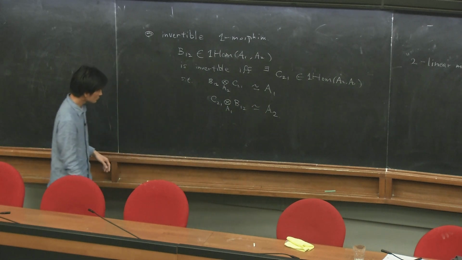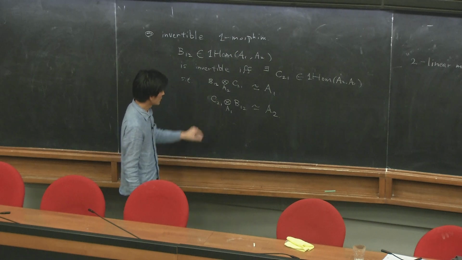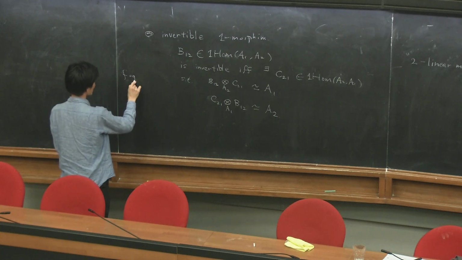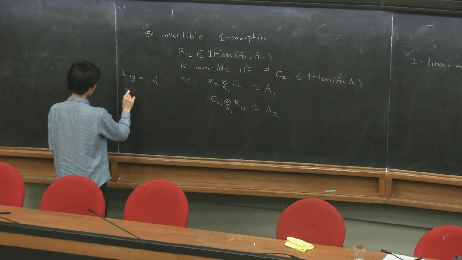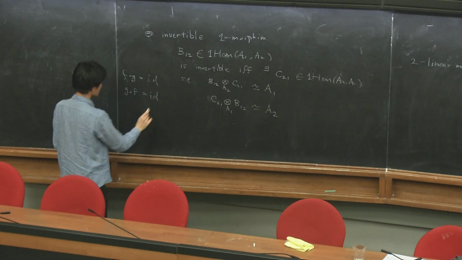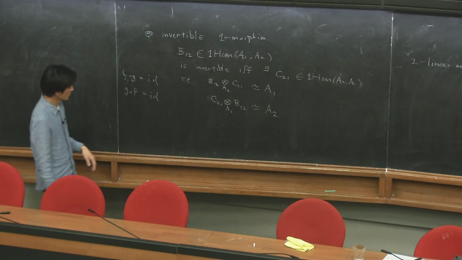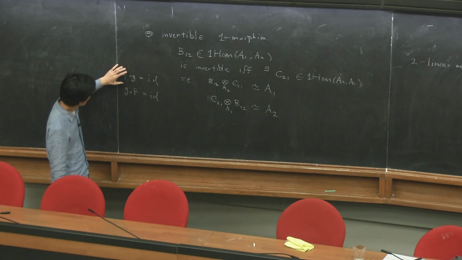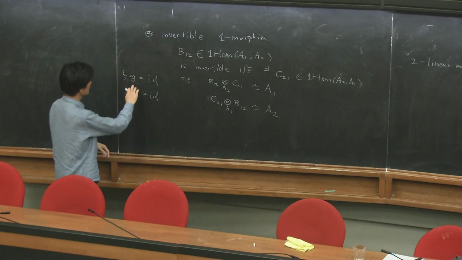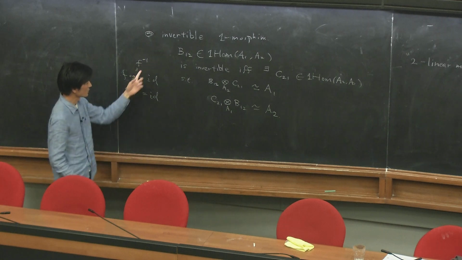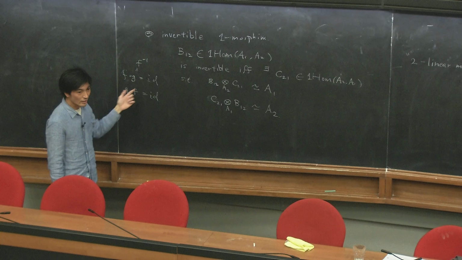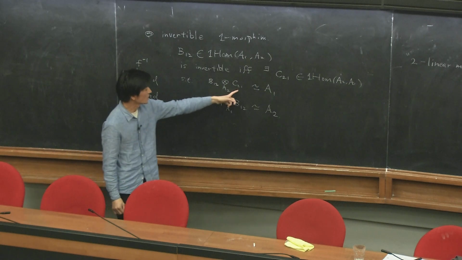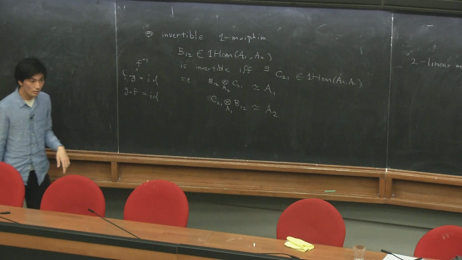So yeah, this is the two category version of saying that FG equals ID and GF equals ID. In the usual case, some map being invertible means that you have an inverse. You compose in one way and the other way, and you get the identity. And this is just a generalization of that.